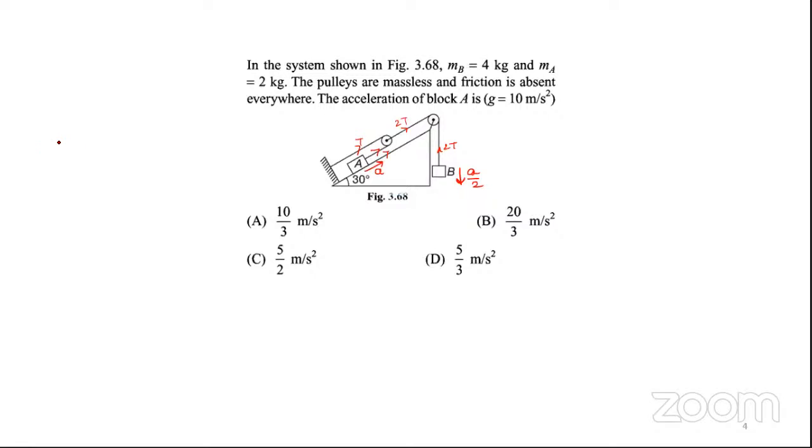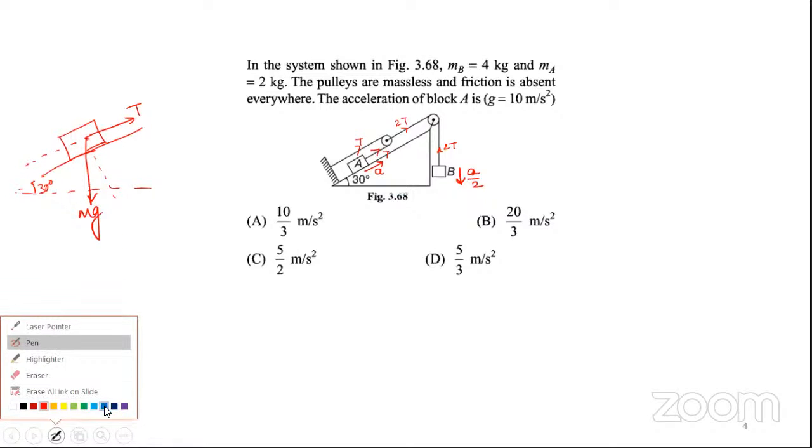For this mass A, which is on an incline, it has a tension T and mg force downwards. This is at an angle of 30 degrees, so we'll have to take components for mg.